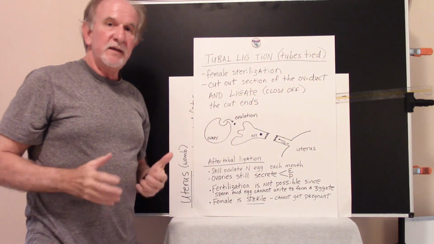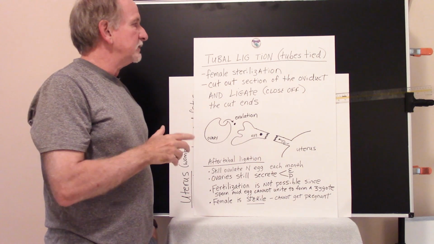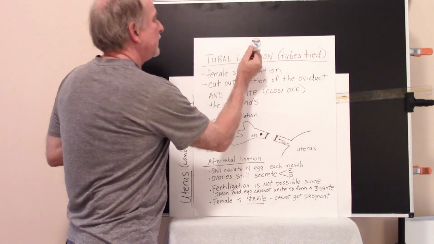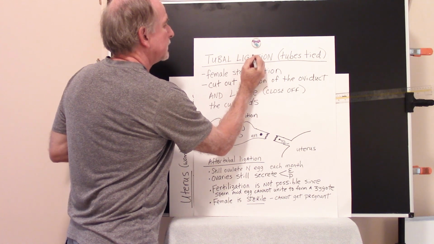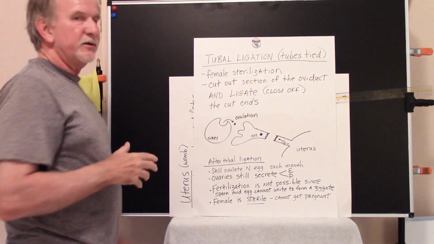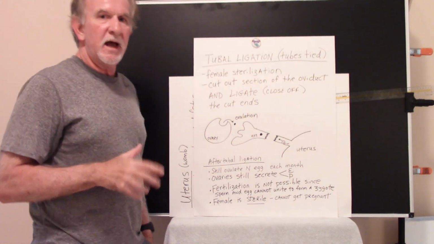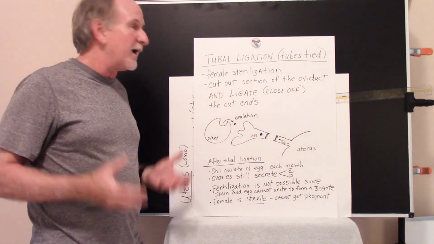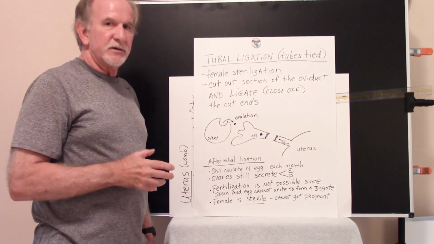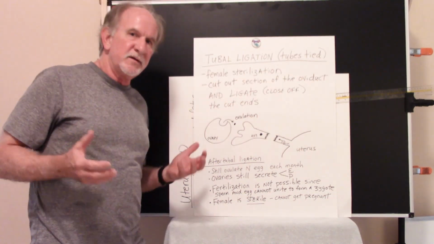Before we leave the oviduct, I was going to tell you about something known as a tubal ligation. Tubal ligation is sometimes referred to as having a woman's tubes tied. So, tubal ligation is the counterpart to a vasectomy.